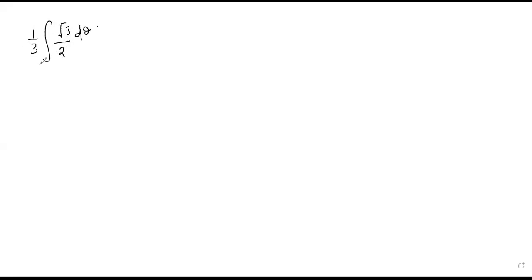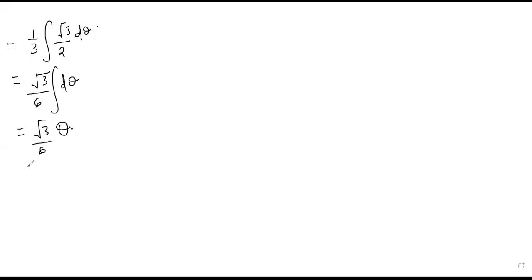So you can move these constants outside so that you get root 3 over 6 integral of d theta, which is going to be root 3 over 6 theta.